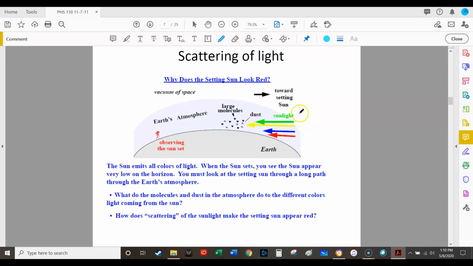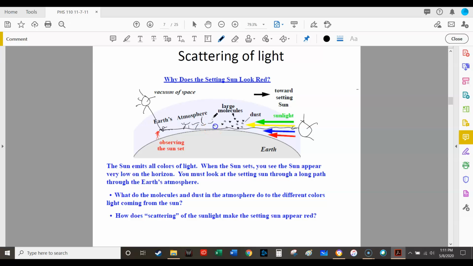So when the sun is low on the horizon, right here, it's got to go through all of this atmosphere. But when the sun is directly overhead, and this is set to baby blue, when the sun is directly over your head, like right here, for example, then it's only got to go through that much atmosphere, versus right here, when the sun is low on the horizon, it's got to go through this whole amount of atmosphere, and there's dust all over the place in here.